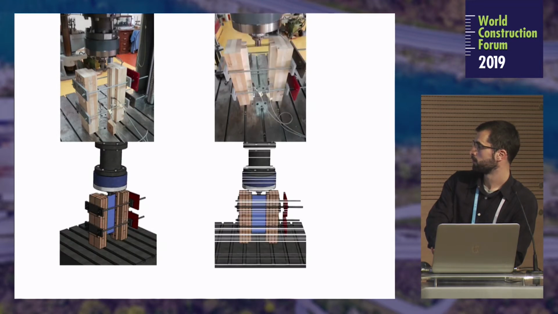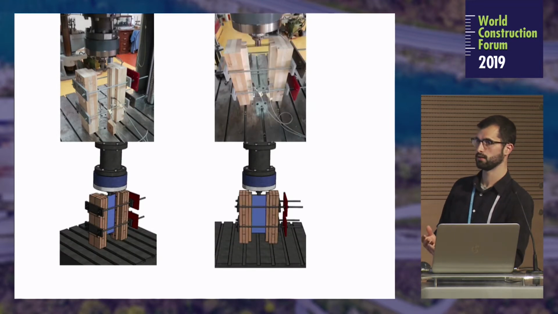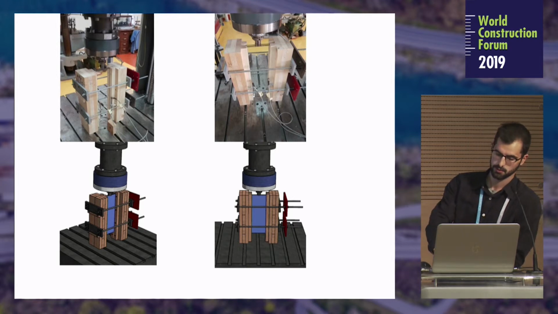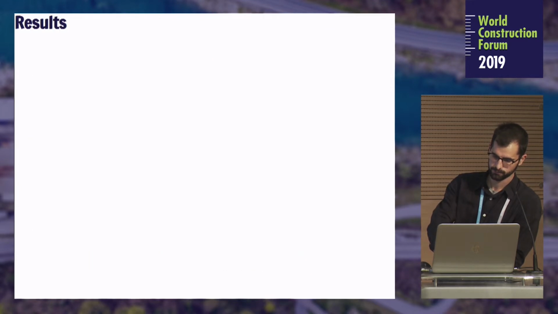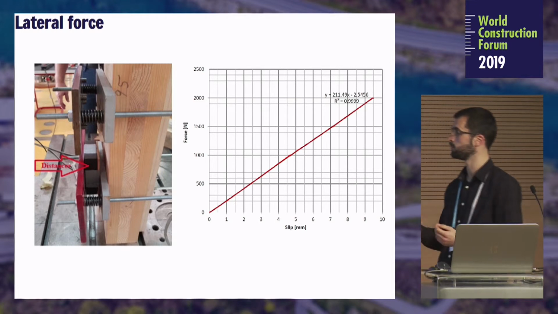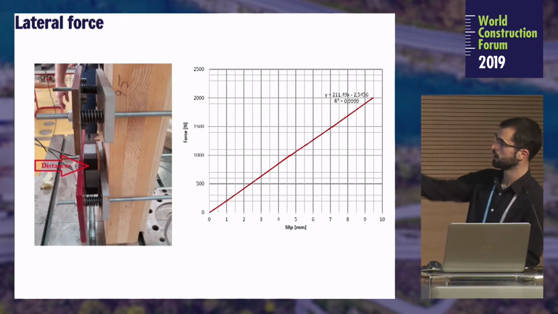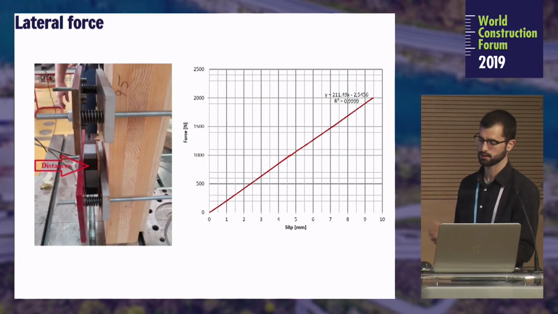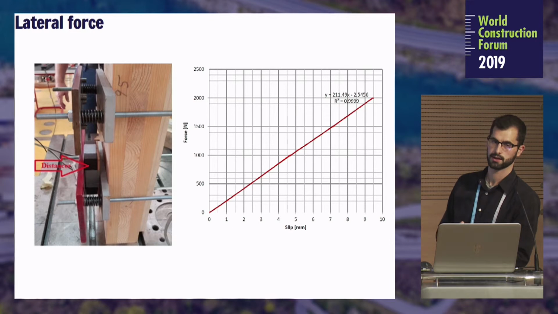This is just a comparison to see that the 3D model for the numerical simulation was made very detailed, and we put some LVDTs to measure displacement and some stresses. This picture shows how we put the lateral force. We use springs and then bolts and rods to apply the exact lateral force that we have in the real panel.